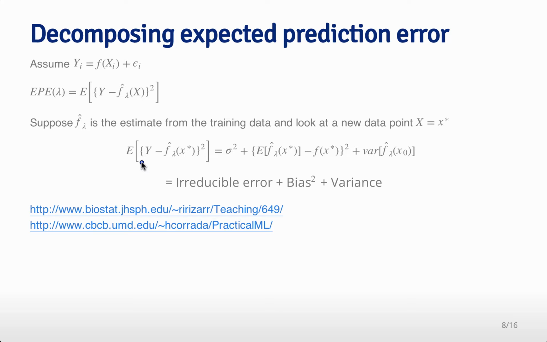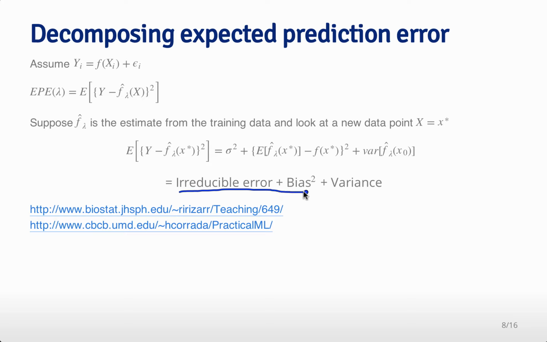Then if we look at a new point, so we bring in a new data point, and we look at the distance between our observed outcome and the prediction on the new data point, that can be decomposed after some algebra into irreducible error, this sigma squared, the bias, which is the difference between our expected prediction and the truth, and the variance of our estimate. So whenever you're building a prediction model, the goal is to reduce this overall quantity.